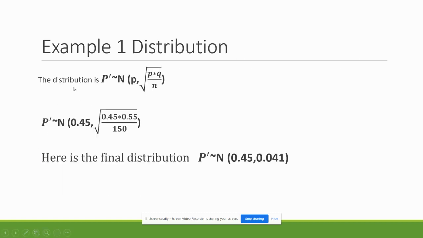And here's the distribution. 0.45 is my p, times 0.55, because that's q. Remember, q is 1 minus p after you make p a decimal, divided by 150, which is my total sample size, and take the square root of that. If I put that in my calculator, I get 0.041. Rule of thumb, do 3 decimal places for that.